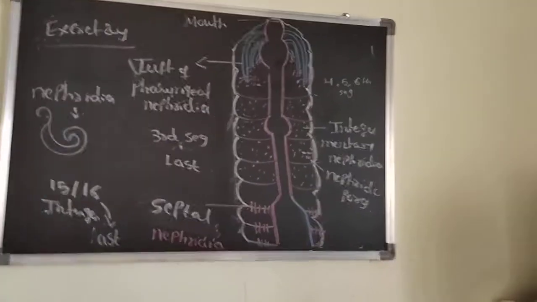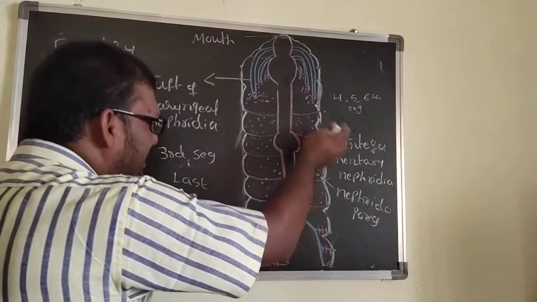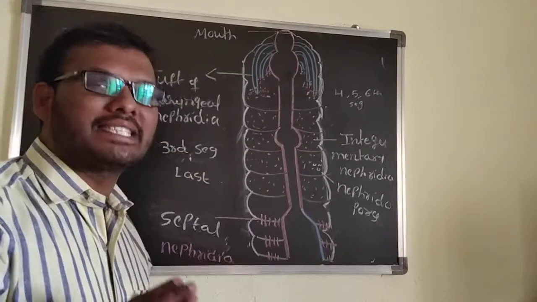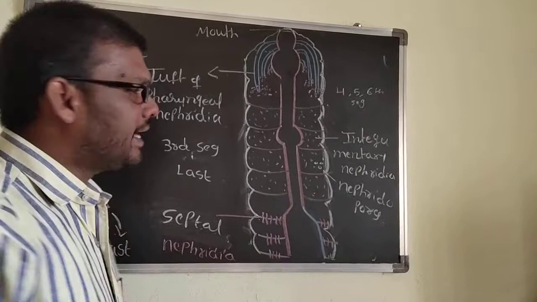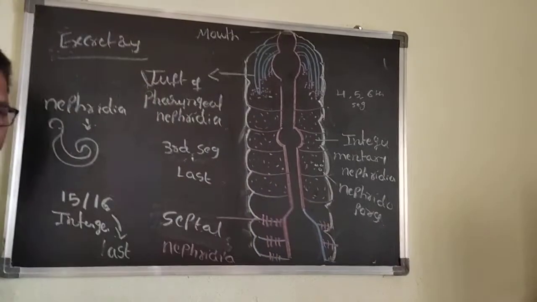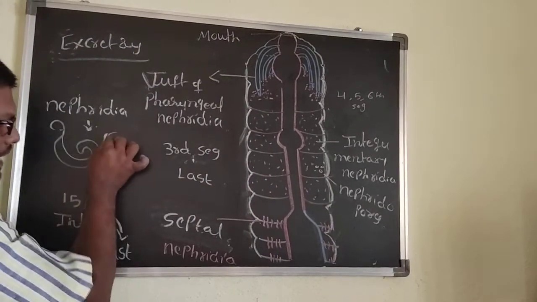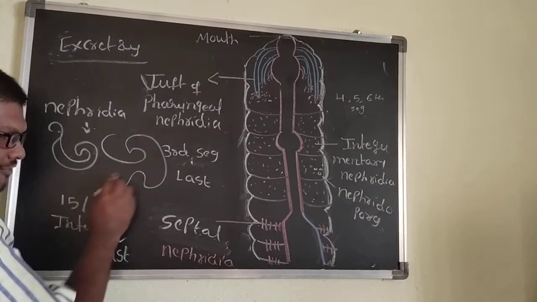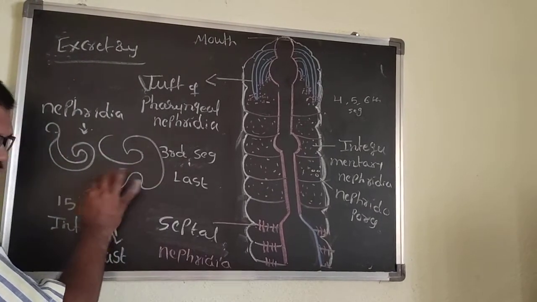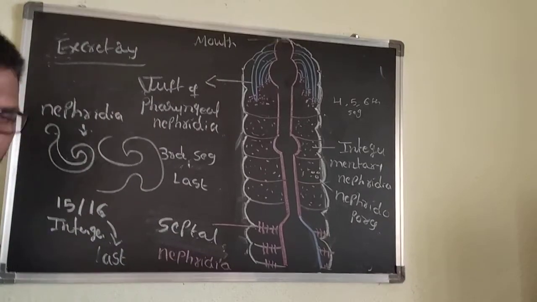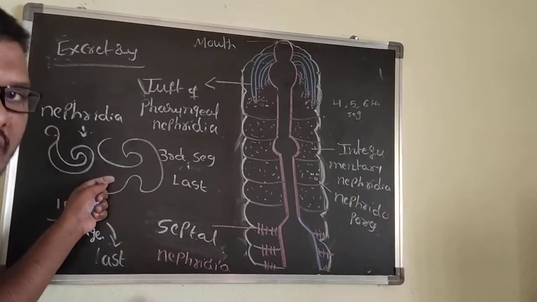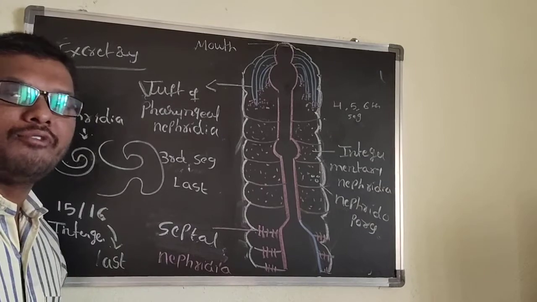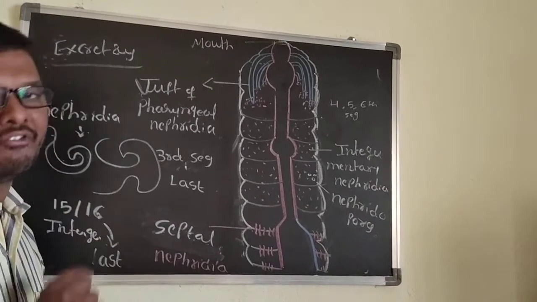Now, fundamentally, these three types of nephridia have a similar structure. Suppose the nephridia is like this. The nephridia has a nephrostome, a pore called the nephrostome. Nephridia with a nephrostome are called open nephridia.